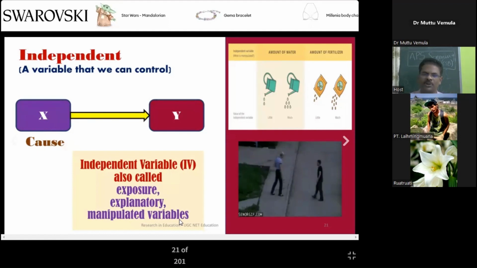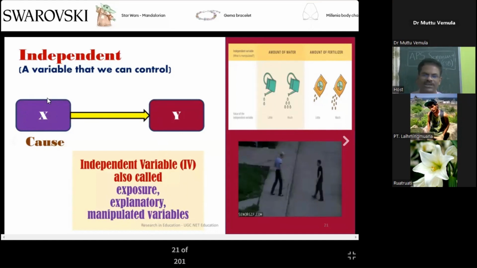The experimental group and the control group. Whom do you use this multimedia based teaching for? Experimental group, not the control group, right? So what are you doing? You are exposing that group to this. If there is any improvement in their achievement, what is the cause? The cause is this particular method of teaching called multimedia based teaching. So therefore the exposure, the cause, the explanatory or the manipulated variable is the independent variable.